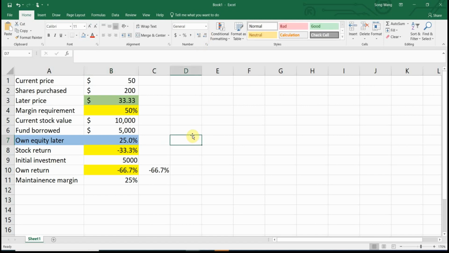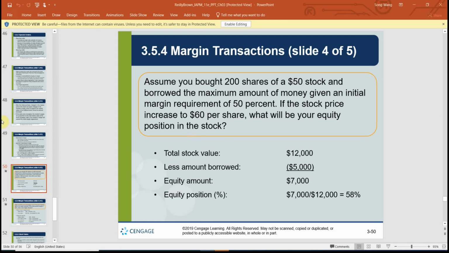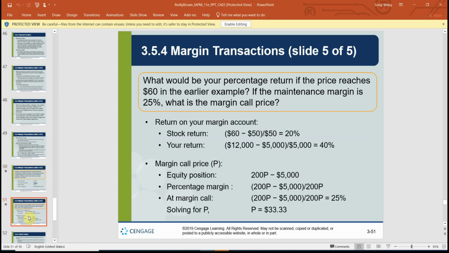So how could you do that in Excel in a regular calculation? You solve it through the mathematical formula. You will need to get the margin call price based on the equity position divided by the total position, which is all determined by the price.